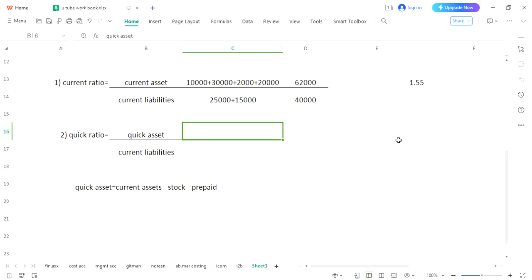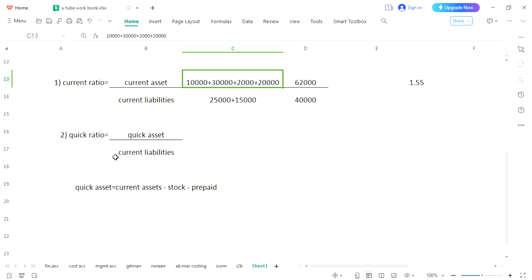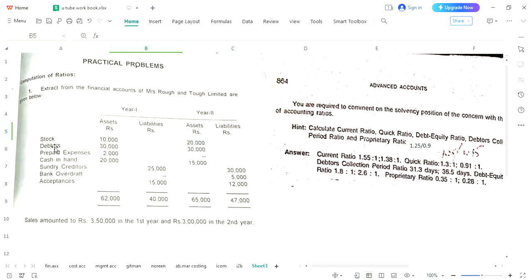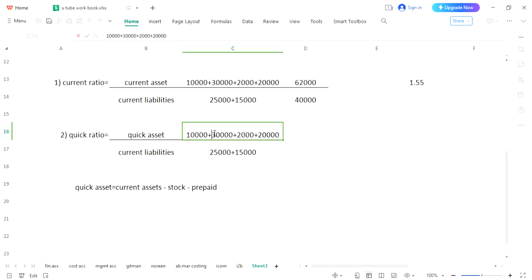But here it's very simple. As you can see, the value of stock is 10,000 and the value of prepaid is 2,000. So we will take all these amounts as they are, and the value of stock, 10,000, we are going to delete.